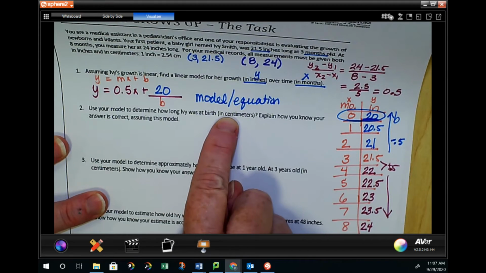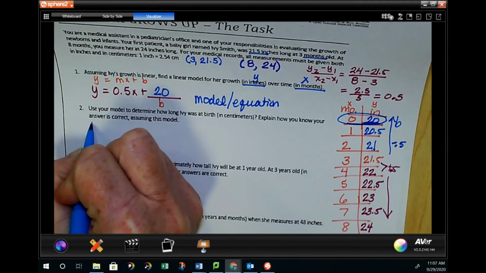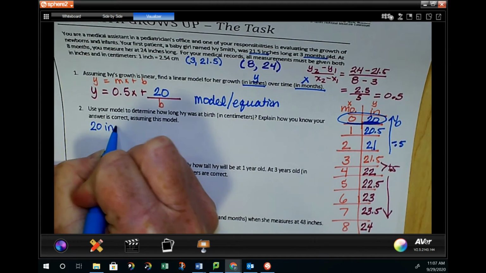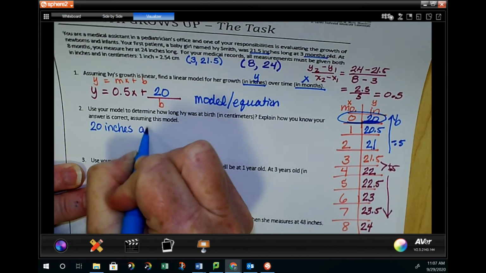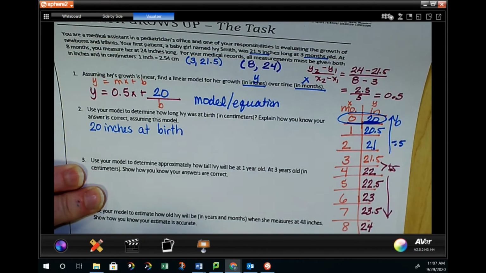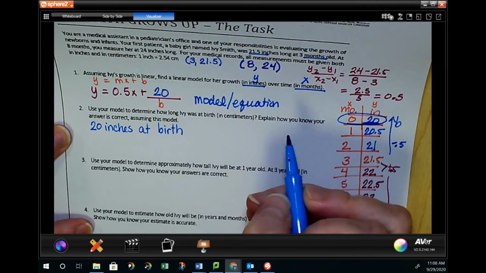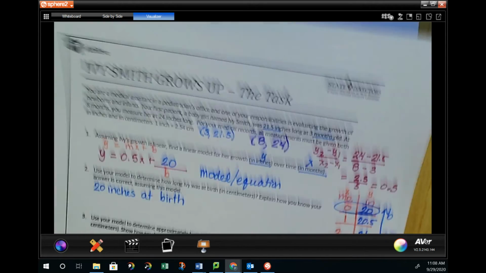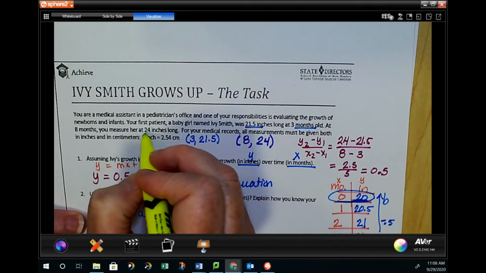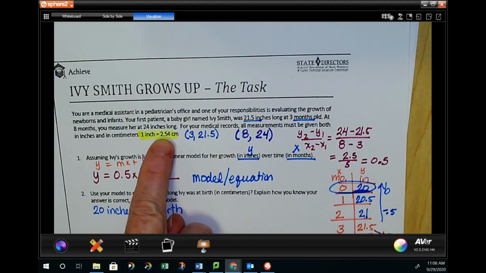Then convert inches into centimeters. So we know that she is 20 inches at birth, and we know from up above that for every 1 inch, there are 2.54 centimeters.